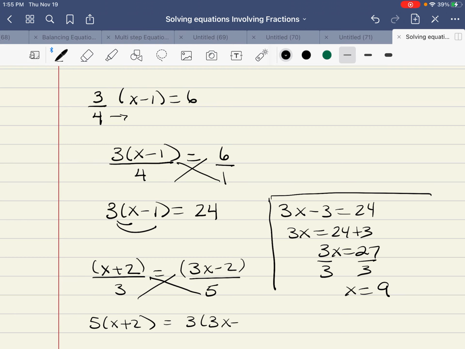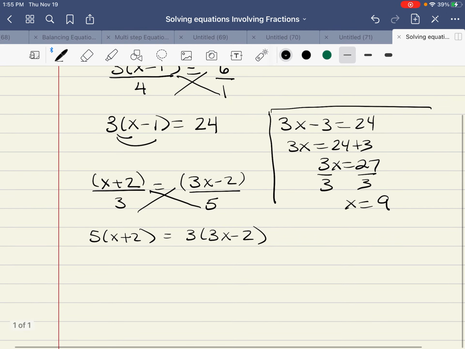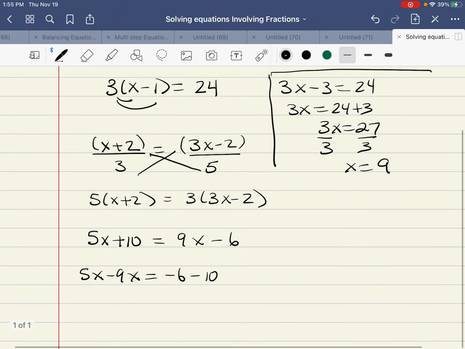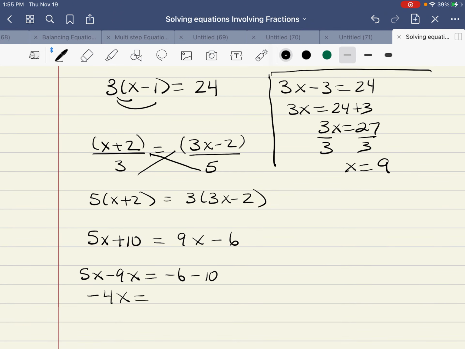Same thing with 3 times 3x minus 2. And then we're going to expand. And of course, balance. Lots of prior videos on balancing, so I'm isolating 4x. And if I did that right, x is 4.